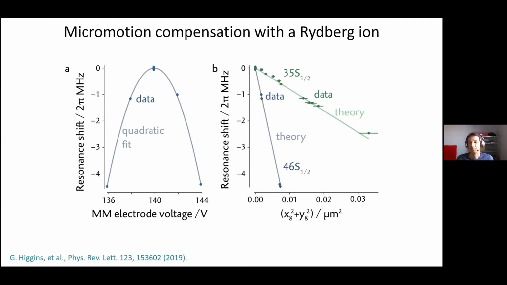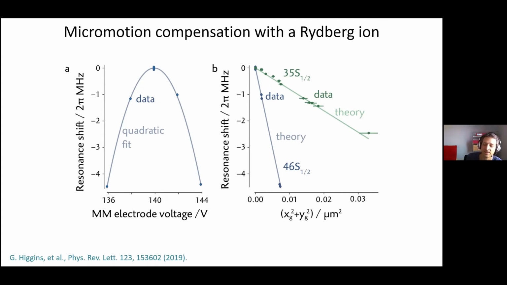Okay, more trap effects. So not everything is completely simple. I think you have heard about micromotion already today by Stefan Willitsch, the micromotion that is inducing collisions in hybrid systems, between a cold atom gas and a trapped ion.